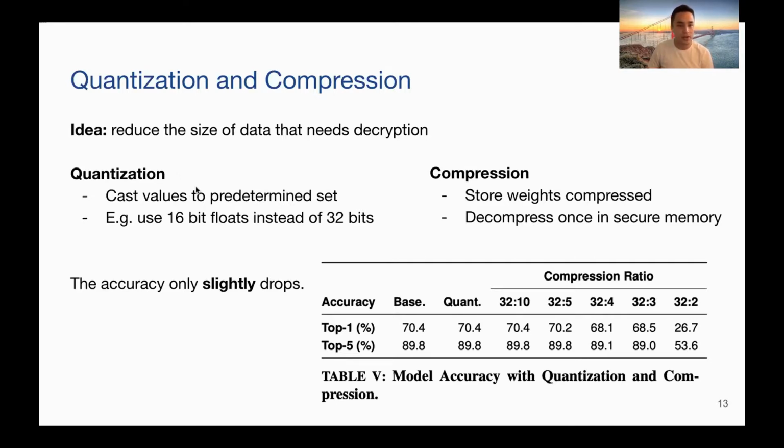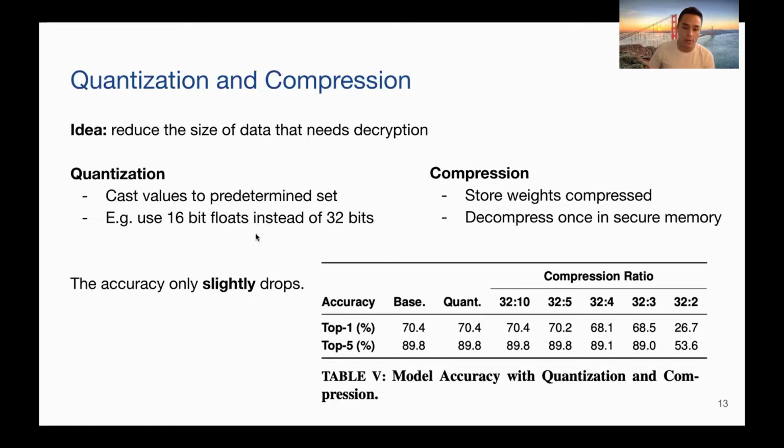Quantization, if you're not familiar, consists in casting values to a predetermined set, for example, using 16-bit floats instead of 32 bits. Or we can use lossy compression to store the weights compressed and then decompress them only once they are loaded in secure memory, so after decryption. In both cases, we lose information, so we can expect a drop in accuracy.